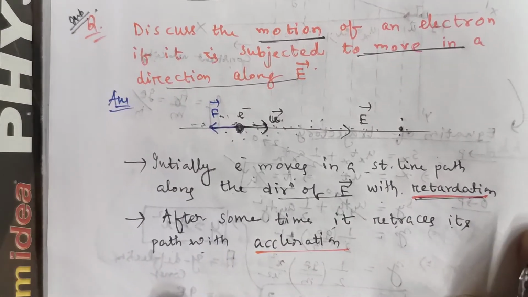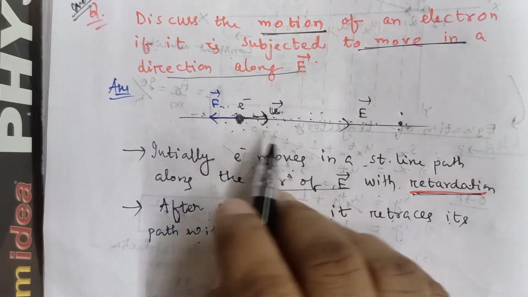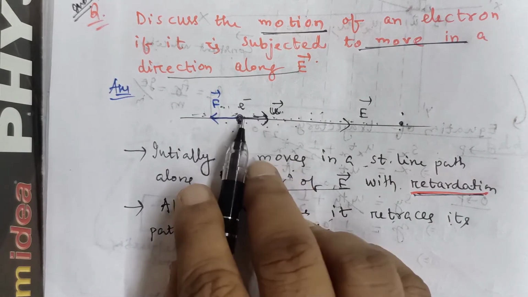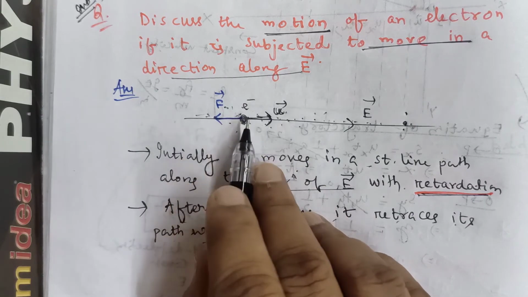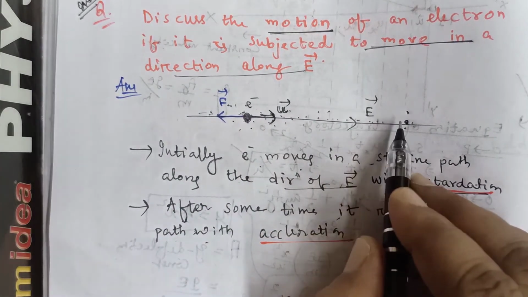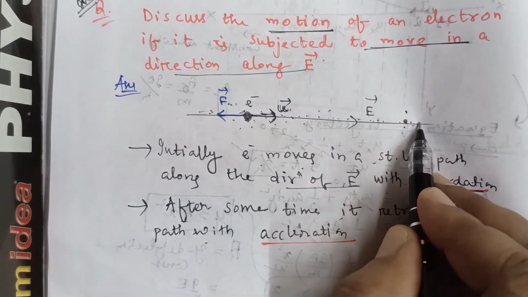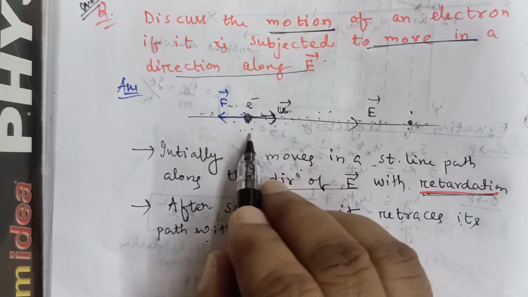So your final answer is, and this question is asked the maximum number of times in board exams: if the electron is subjected to move along the direction of the electric field, what happens to its path? Initially it is retarded along the direction of the electric field. After some time its velocity becomes 0. Then instantly it retraces its path with acceleration.